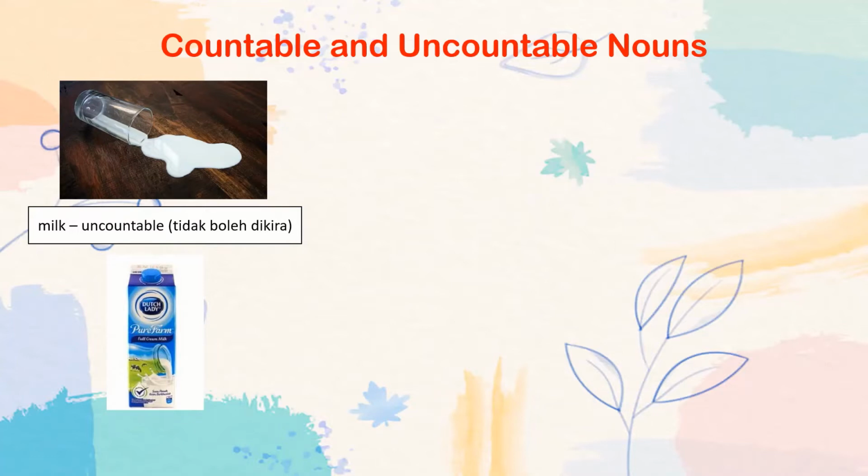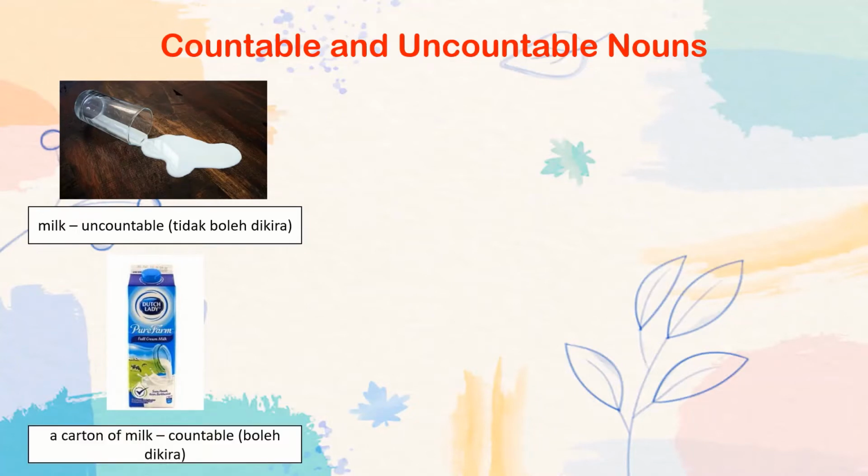Yang ini adalah countable. Okay, for example, a carton of milk, 1 carton susu. So kalau ada beberapa carton, contohnya 2 atau 3 carton, we say 3 cartons of milk. So yang ini boleh dikira sebab susu tu dia berada di dalam carton.